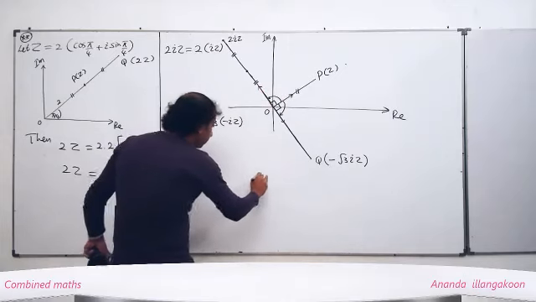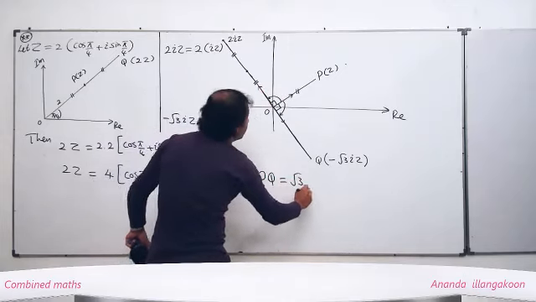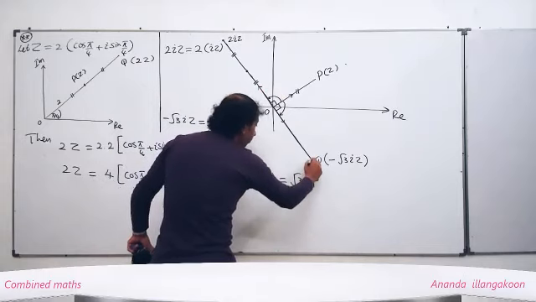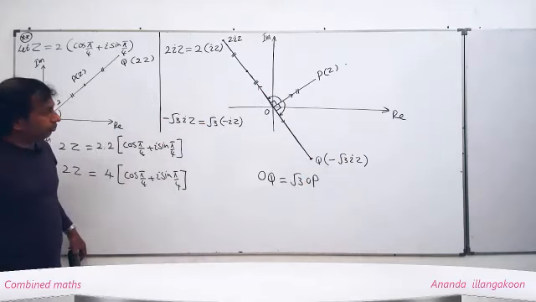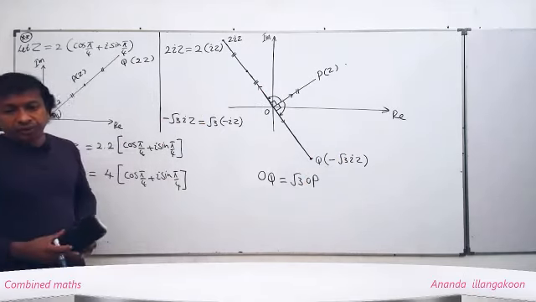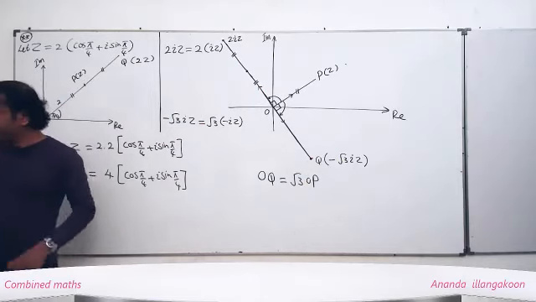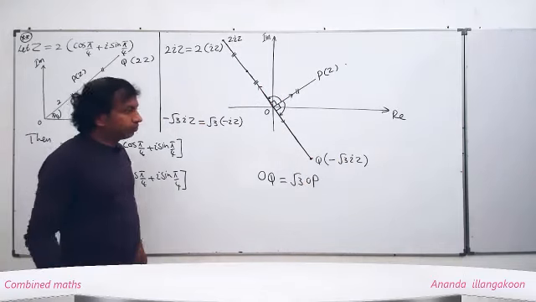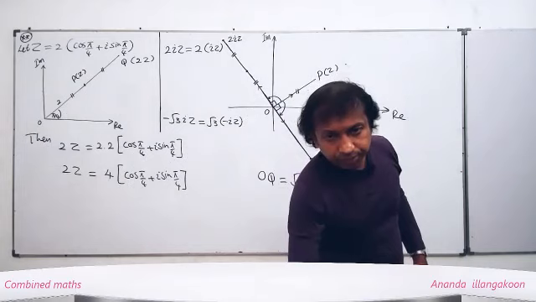Then OQ length is such that root 3 times OP. This is how this point Q lies, and then this is the point. Right, people? Yeah. This is how we represent those points on the Argand diagram. Right. This is a very important theory, people. Right. Any question here?